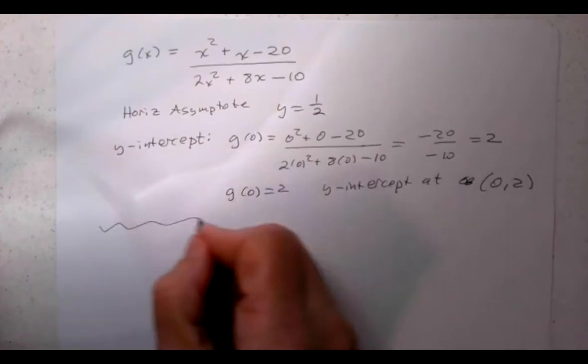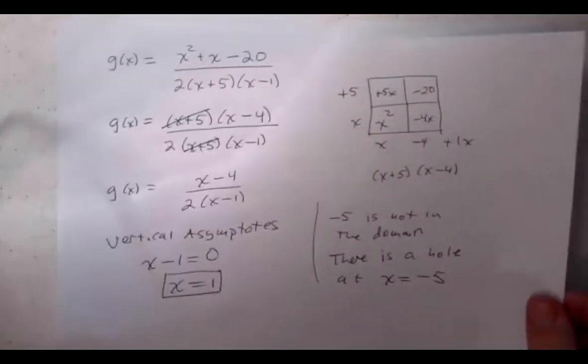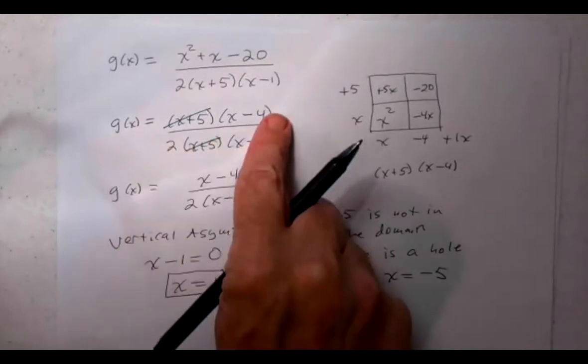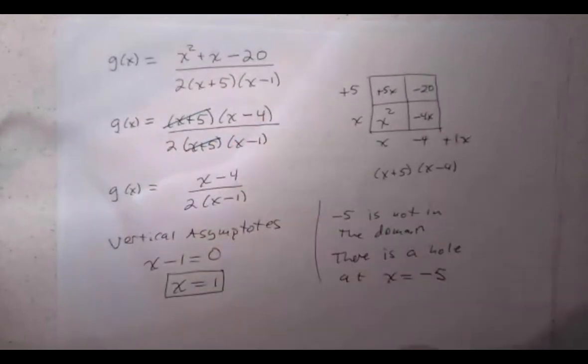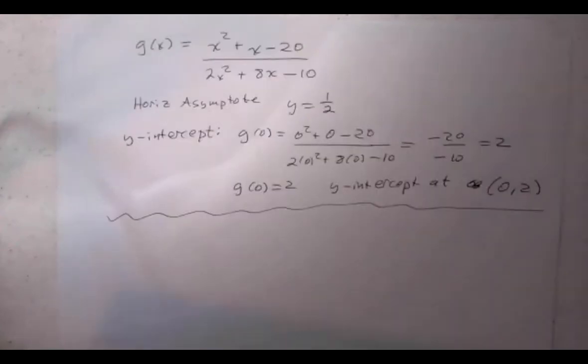Now how about the x-intercepts? What did we have? Well, after we reduced, we had this function: g of x is x minus 4 over 2 times x minus 1. So that we can use.